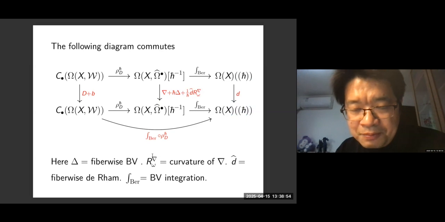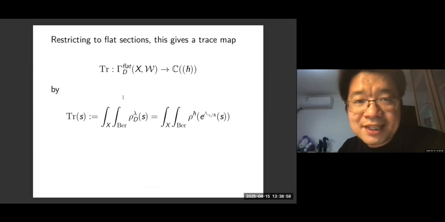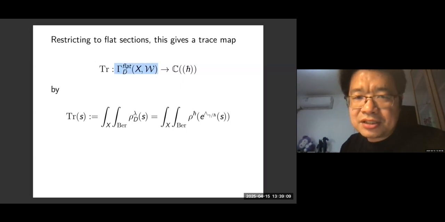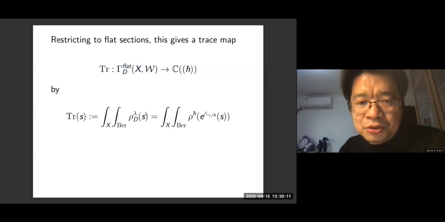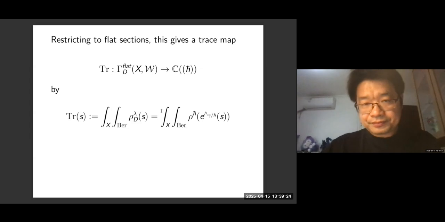Then if you pass to cohomology, you find the following. On the left hand side, you restrict to the zeroth cohomology. It's like flat sections. Then eventually you find a trace map, which maps a flat section of this Weyl algebra to the right hand side, because you map to differential forms by this process, and this composition gives rise to a differential form, and you integrate on X, get a number.